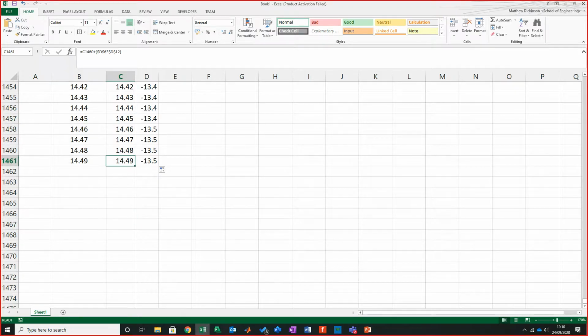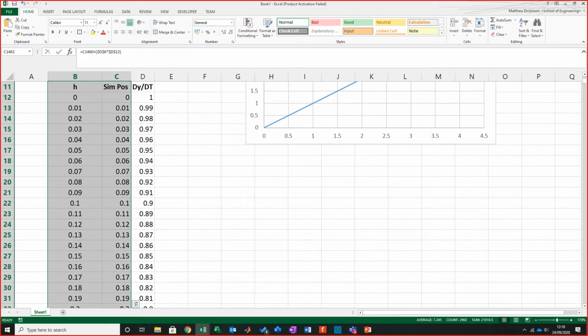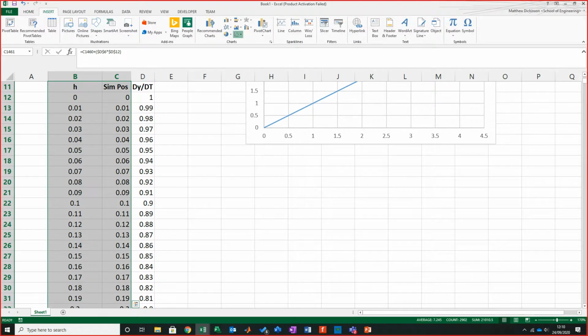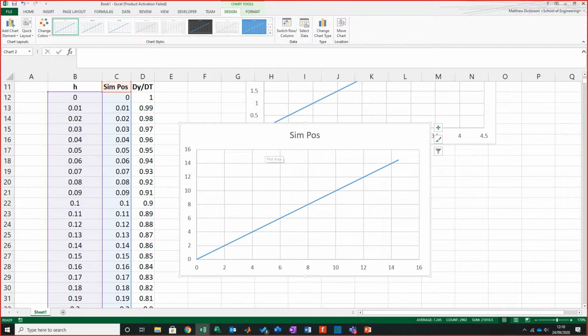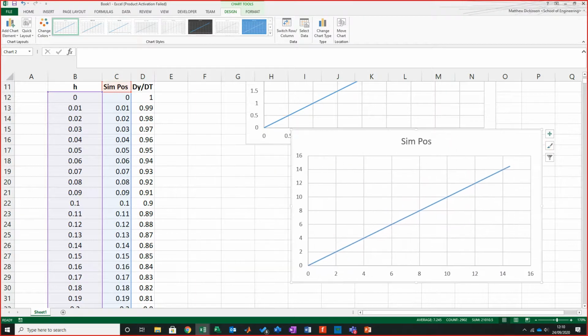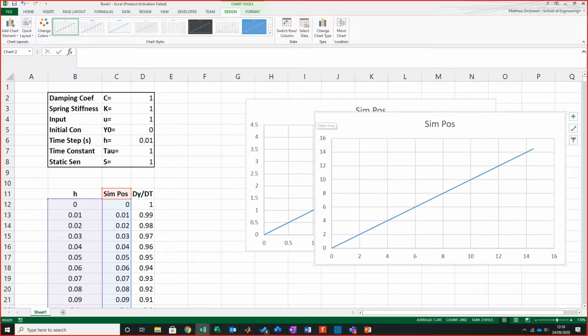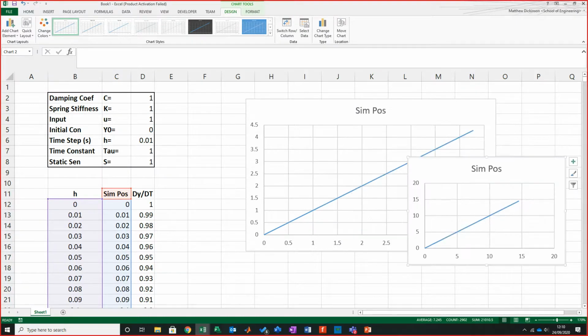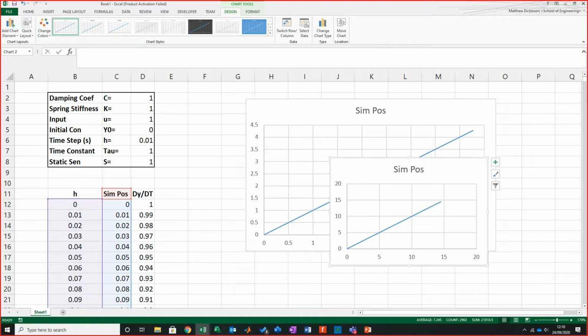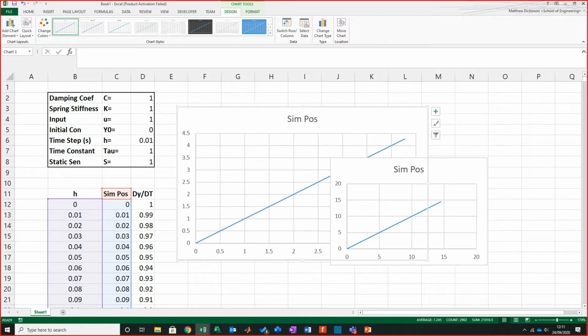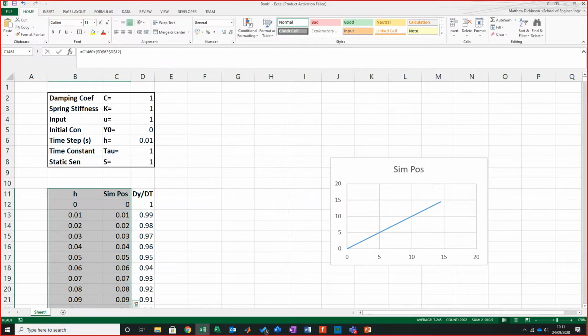So let's come back again, and then let's go and insert and take a look. So it's still climbing. Now I've obviously done something wrong. Has anybody any idea of what I've been doing wrong?